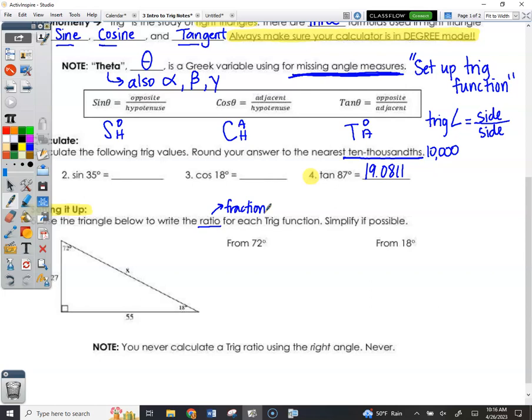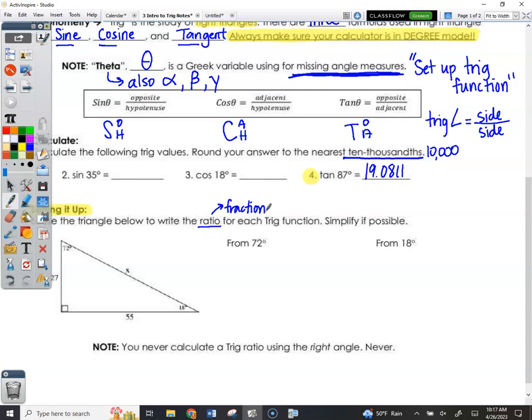Now, we are only doing what first? We're only doing tan today. This is going to get crowded tomorrow, so don't write big here. We're going to put all 3 trig functions in this space. So from the angle that's 72 degrees, set up the trig function.